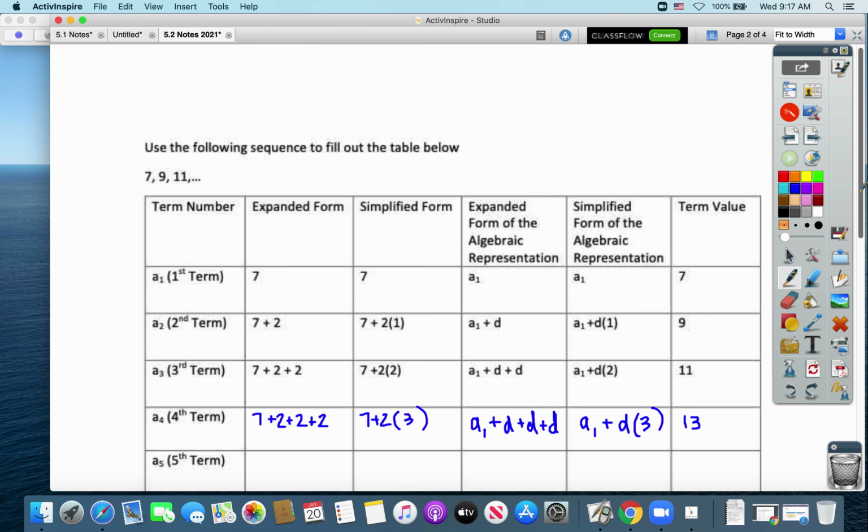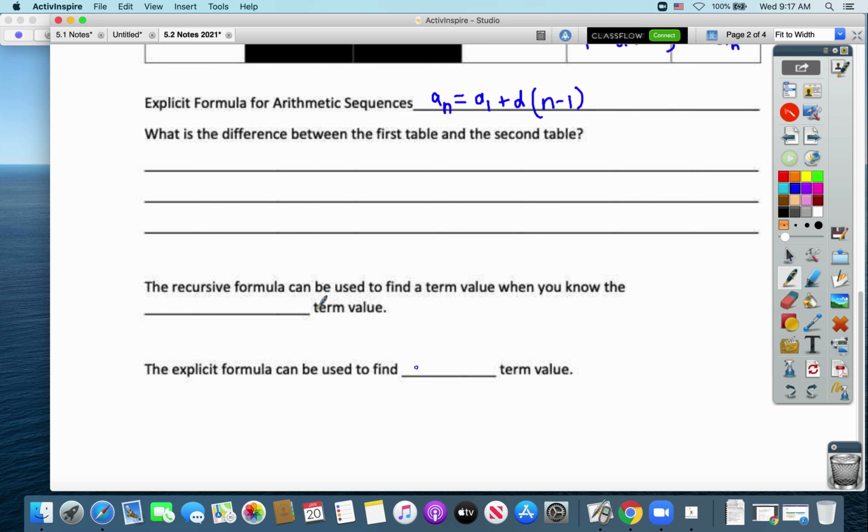So the difference between the 2 is that the recursive formula can be used to find a term value when you know the previous term value. And the explicit formula can be used to find any term value.